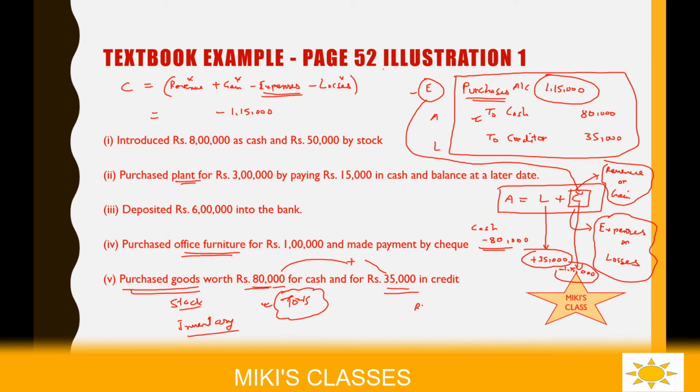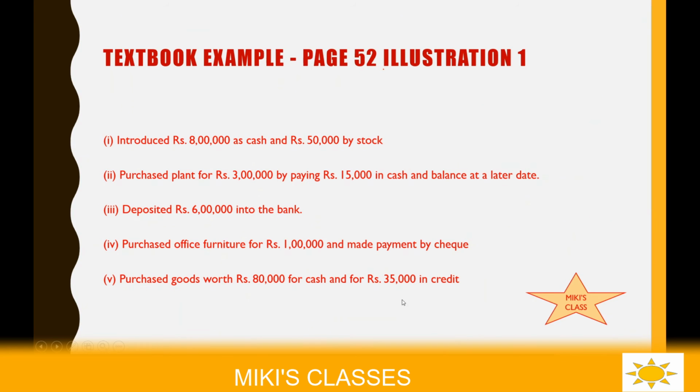What is the right hand side equal to? If we add these two, this will come to minus 80,000. And this side was also minus 80,000. So again, the left hand side is equal to the right hand side. Okay, sorry for the crowded slide.